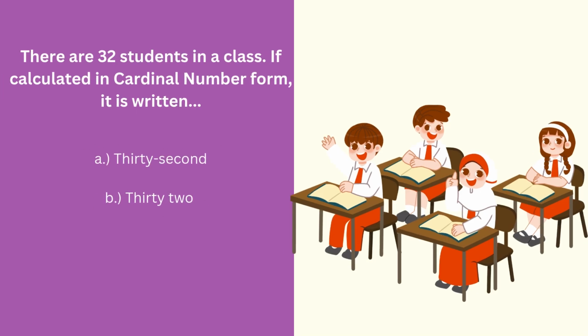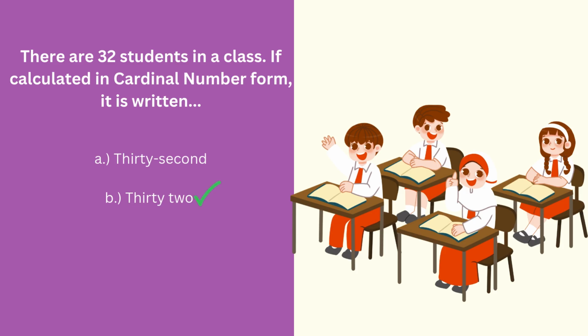Okay, the last number. There are 32 students in a class. If written in cardinal number form, it is A, 32nd, or B, 32. What is the correct answer?